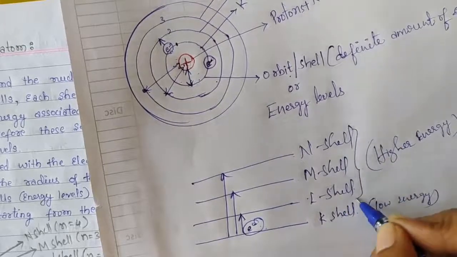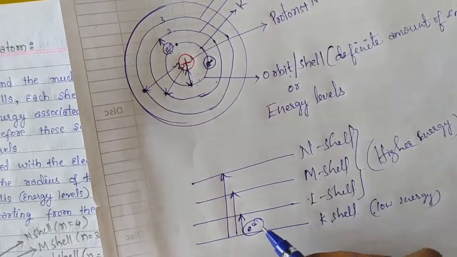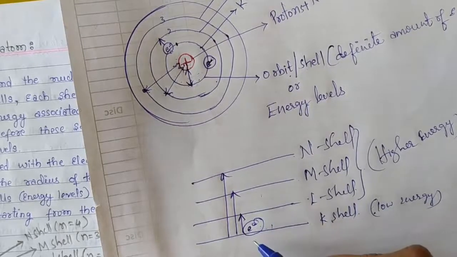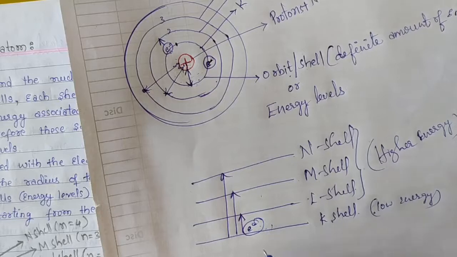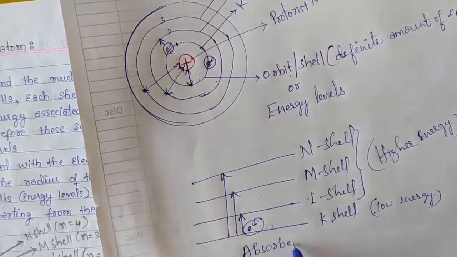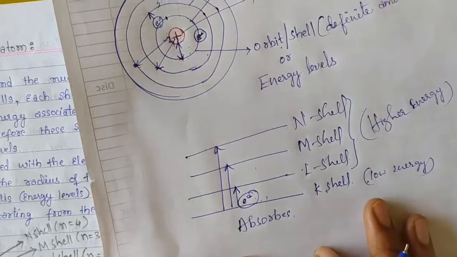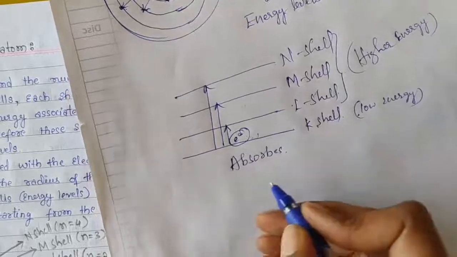All these three have higher energy than the K shell. So, while jumping from lower energy to higher energy shells, it absorbs energy, in the form of light or heat. Okay, but what happens?